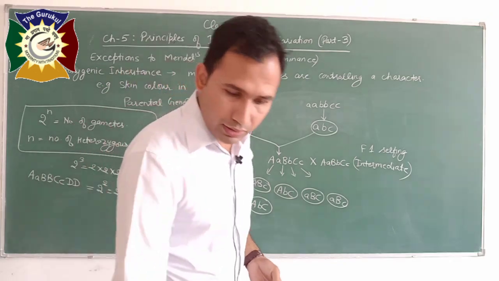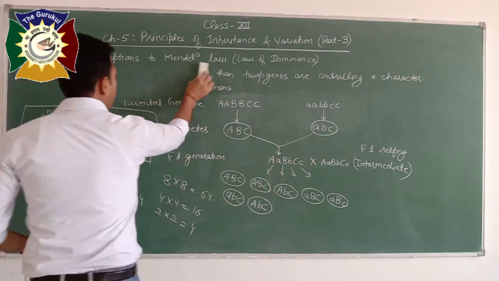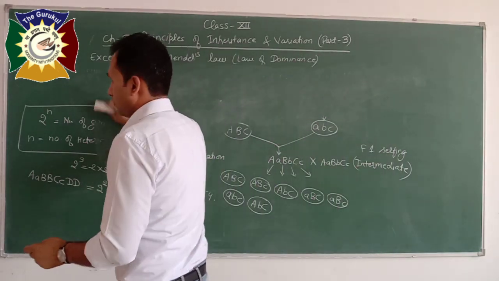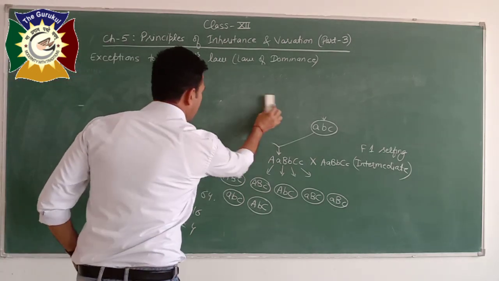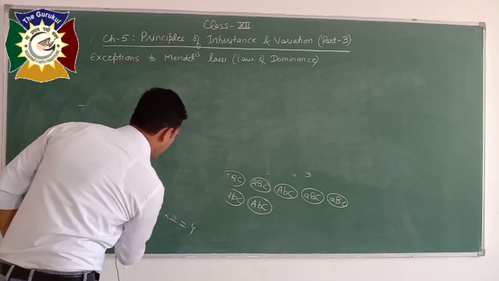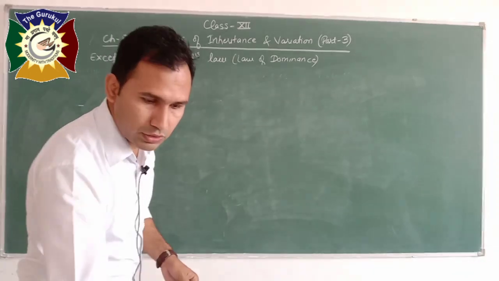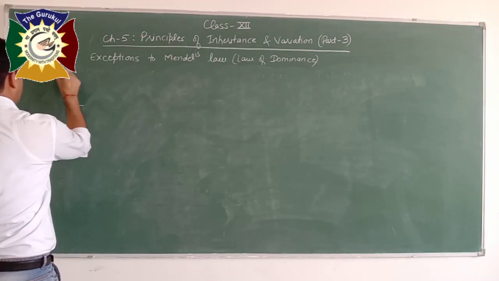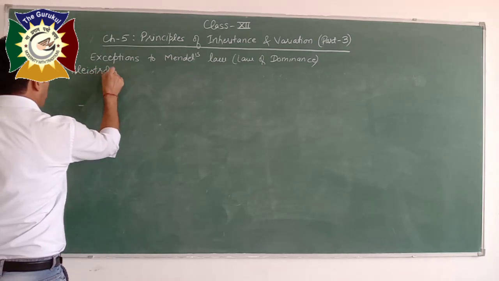And the fourth topic, the fourth exception, so this is the smaller topic, pleiotropy, the fourth one. So this is the fourth exception, D part, pleiotropy.